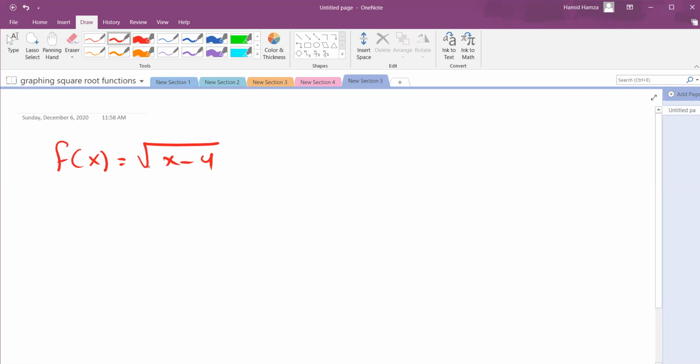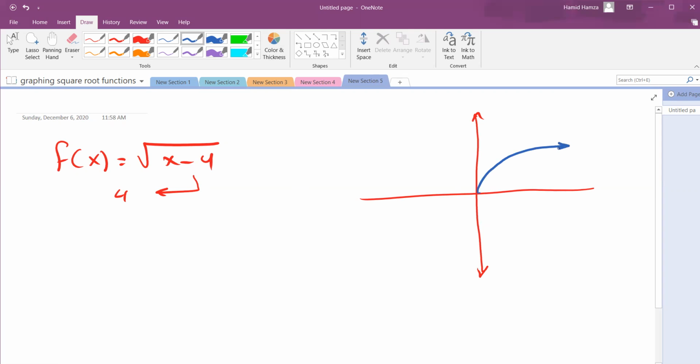Yes? Left, mister? Yeah, how many units? 4. So that means this function will move to the left for 4 units. Originally the function will be like this, starting from 0, guys.